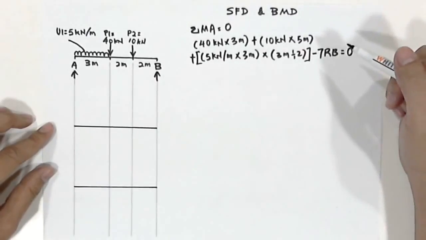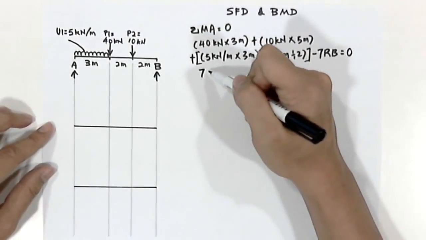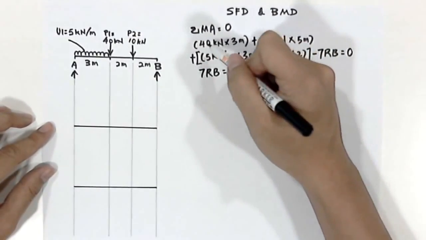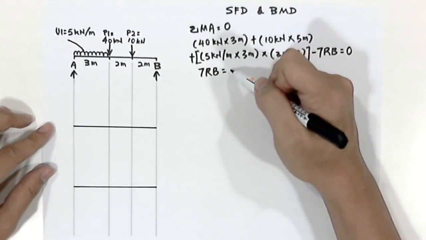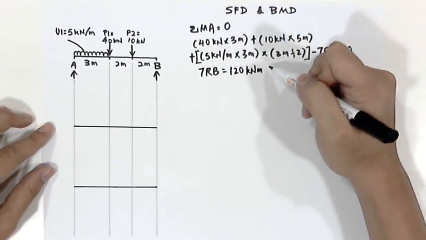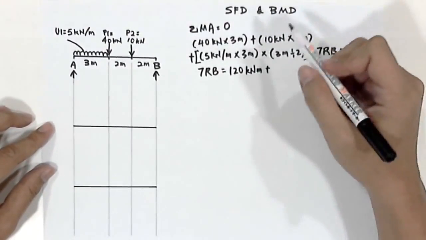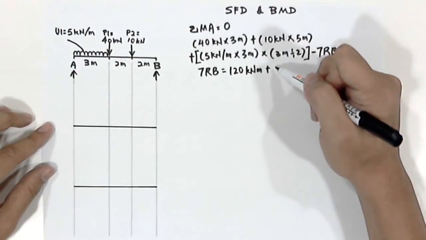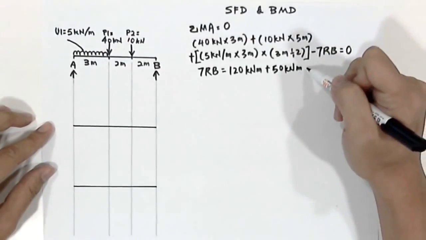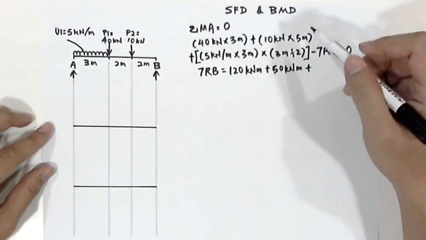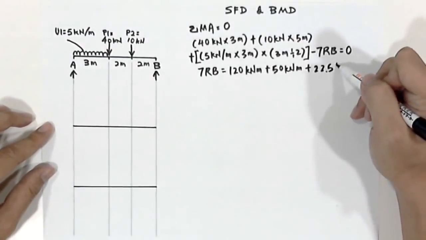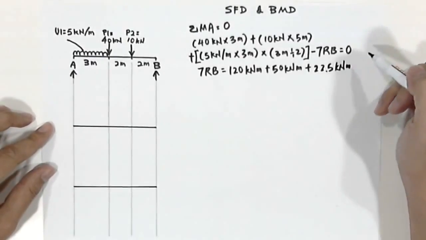So we rearrange the equation so that 7 RB equals 40 times 3, which is 120 kilonewton meter, plus 10 times 5 meter, which is 50 kilonewton meter, plus, if you sum up all this, 22.5 kilonewton meter.